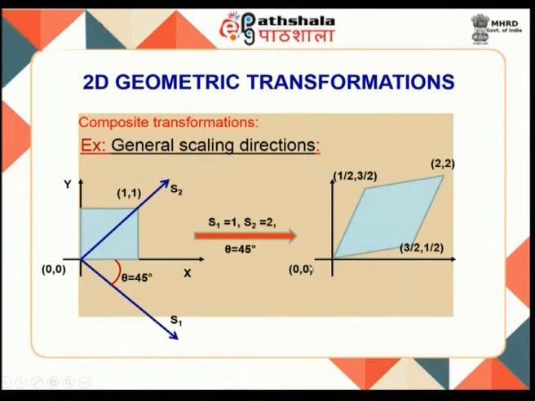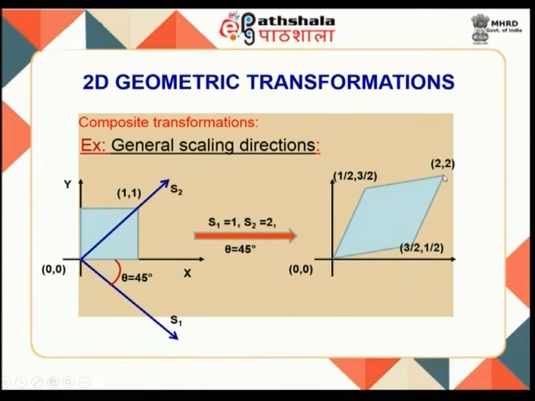Look at the resultant shape: it is like a parallelogram, slightly up, and the bottom edge is not touching the x axis. Except for 0 0, the coordinates of the other three vertices have changed.